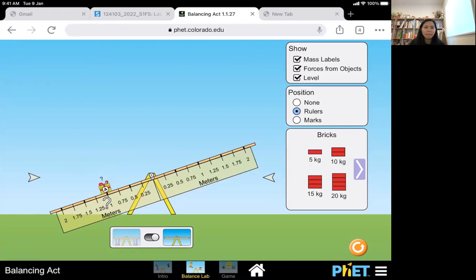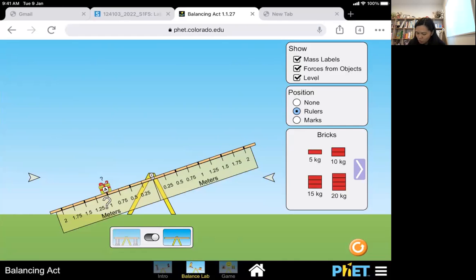Any guesses for this mystery object 1 before we look at how we determine the mass of this? No wild guesses? Okay. So let's try to see.